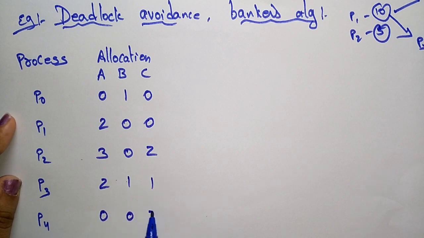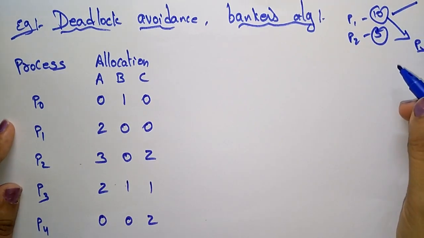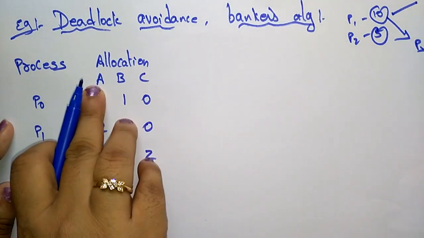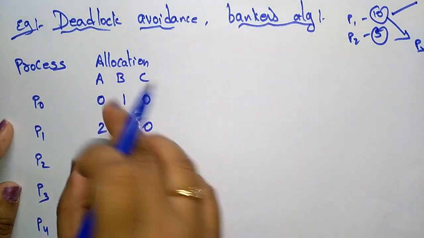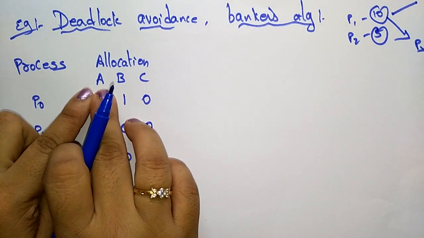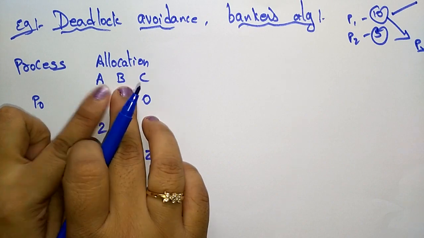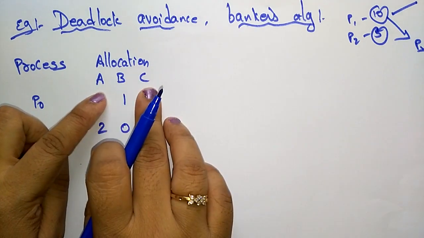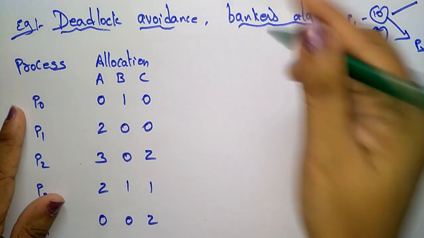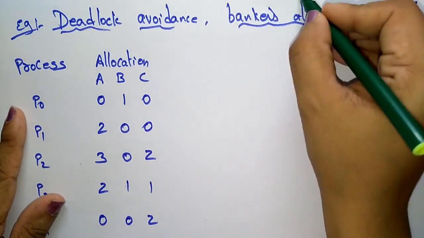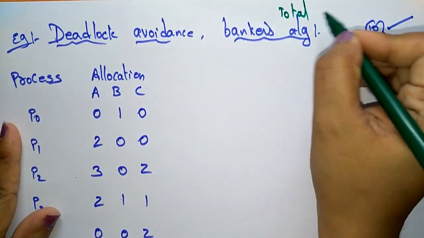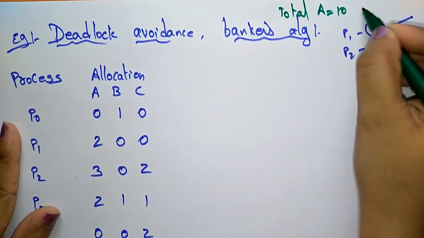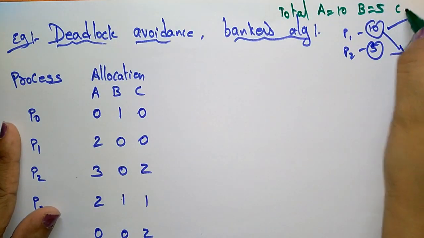and 0, 0, 2. And in the problem, I'm giving the total, meaning the total that resource A can hold, B can hold, and C can hold. Let me write here: total A resource is 10, B is 5, and C is 7.